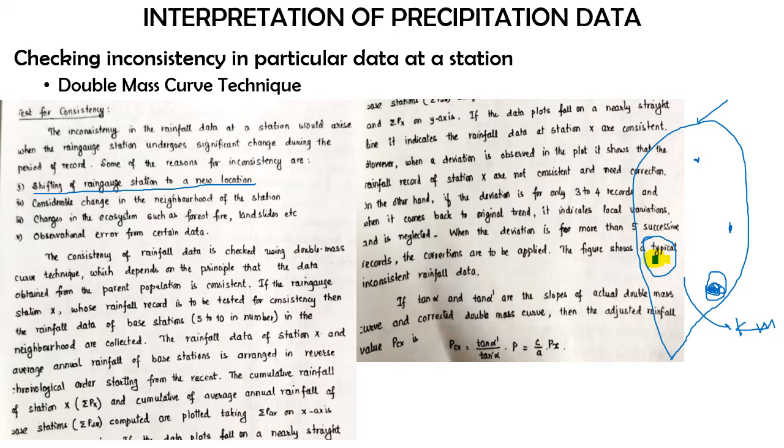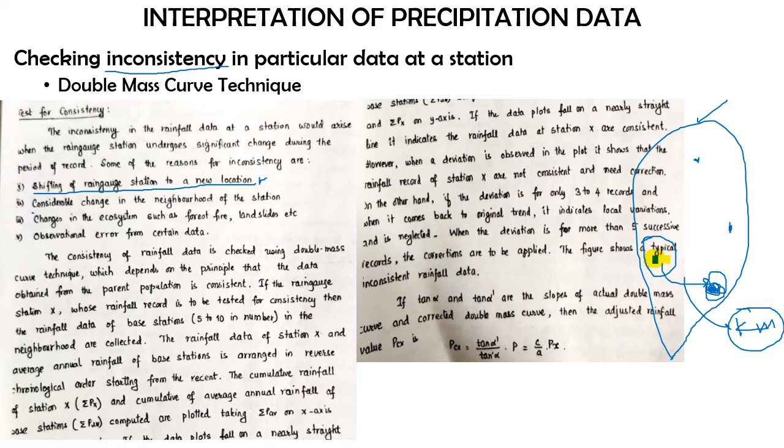So the shifting may be hundreds of kilometers, and the surrounding area of this rain gauge will differ, because of which your data may become inconsistent. I hope that is clear.